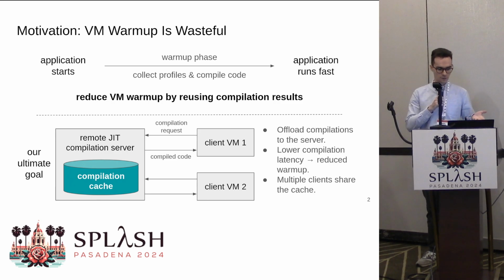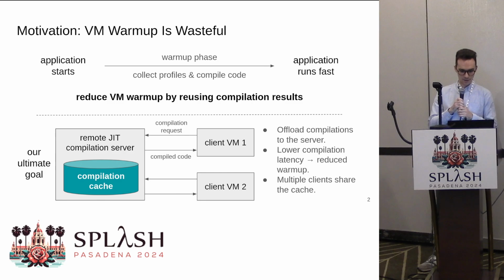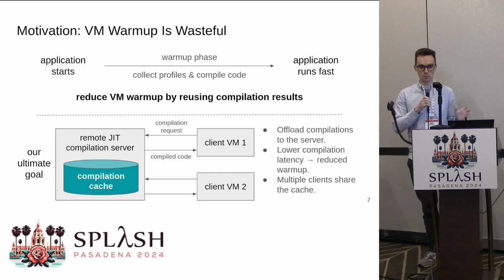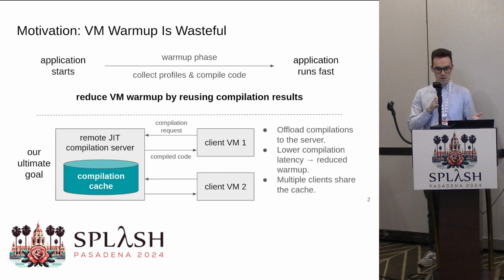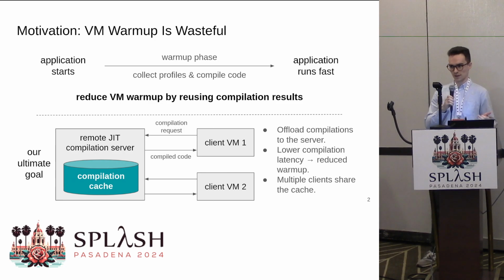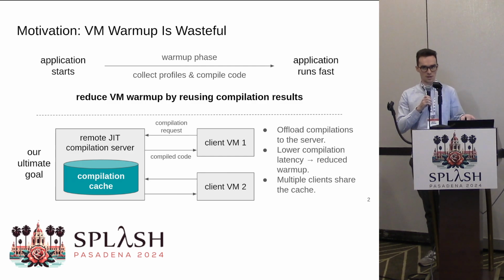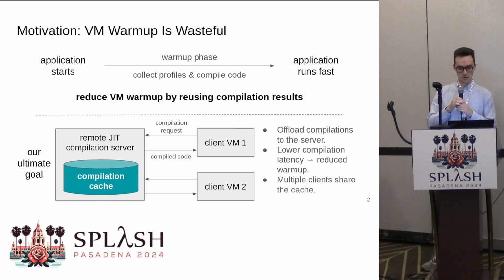The benefit of this is that the compilation server can cache the compiled code, or more generally some compilation results, and reuse them for future clients, and these compilations from the cache should be faster than compiling from scratch, which reduces the compilation latency, and it should improve the warm-up situation.